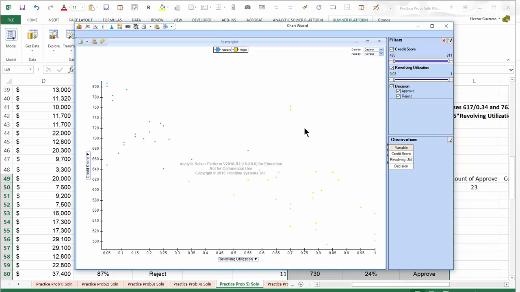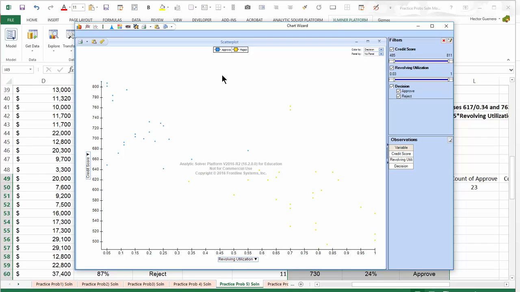So here's our graph. Here's revolving utilization. Here are credit scores. And the blue represents approve, and the gold represents rejection. And we want to be able to draw some lines, as the author did in the book, both vertical and horizontal, and one with slope, so that we can say on one side of the line we're approving the loan, on the other side we're rejecting it.